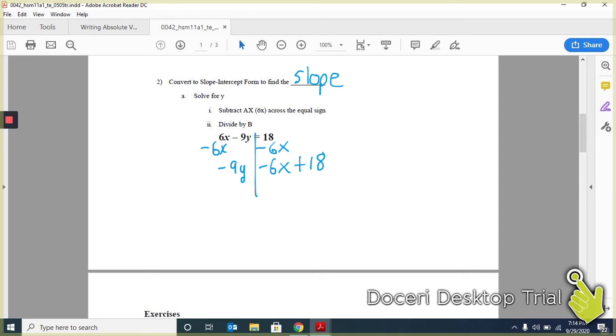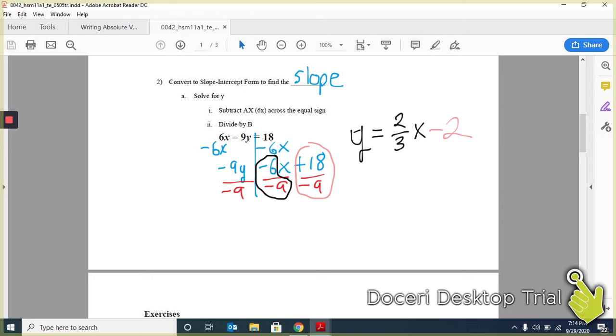Then I want to divide by -9 to everything, and if I do this, I get y equals -6 divided by -9, which becomes a positive 2/3 x, and then 18 divided by 9 becomes a -2. So the slope itself is equal to 2/3.